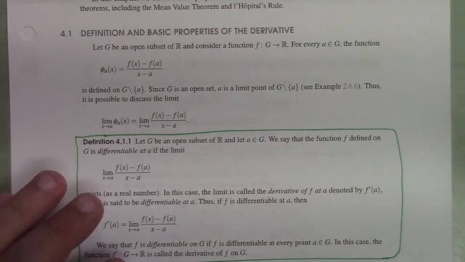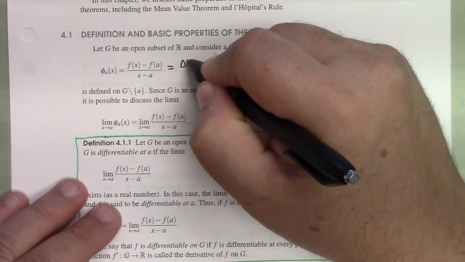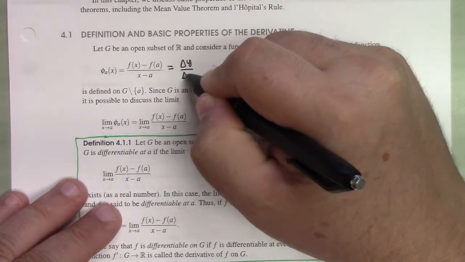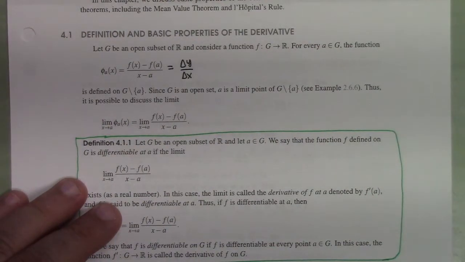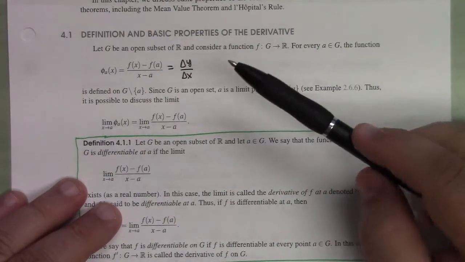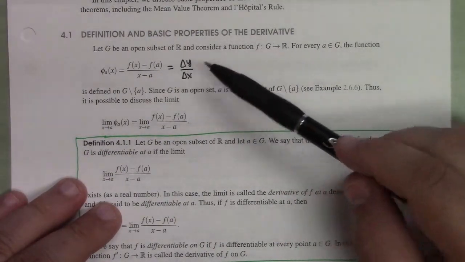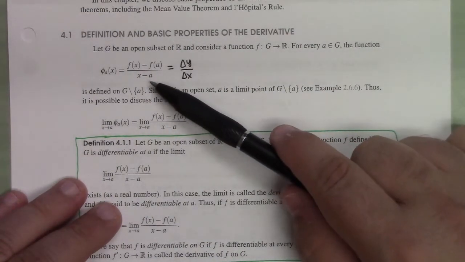In the more usual notation, change in y over change in x, based at a. That would be the slope of the secant line connecting a and x, right? Anyway, that would be defined as long as x is not equal to a, right?